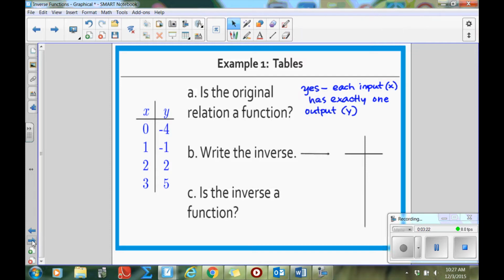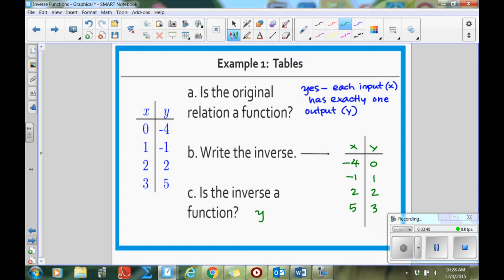And if we wanted to write the inverse, we would just switch the values of x and y. An inverse is not always going to be a function, so we're going to check on that. We need to verify that each input has exactly one output, which it does. So in this case, the inverse is also a function.